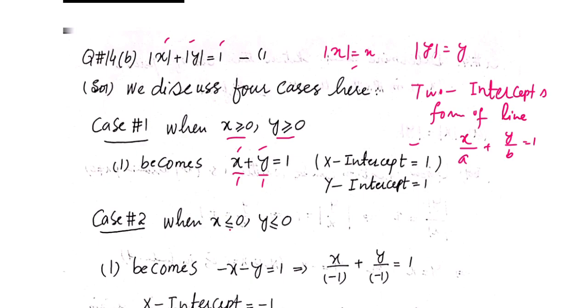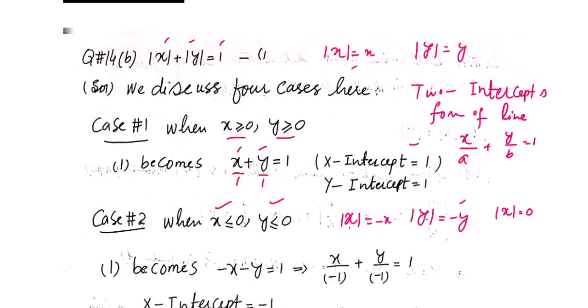Now we discuss the second case, when x is less than or equal to 0 and y is less than or equal to 0. Because x is less than or equal to 0, in this case |x| = -x. And similarly, when y is negative, |y| = -y. In case when x and y are 0, then the absolute value is simply 0. In case of negative, |x| is -x and |y| is -y.